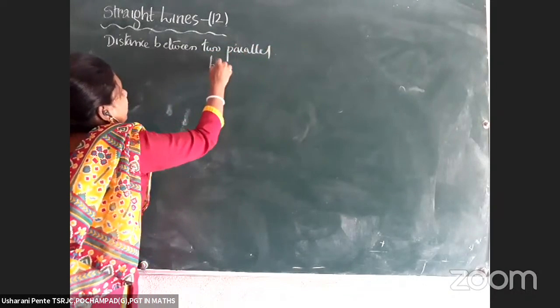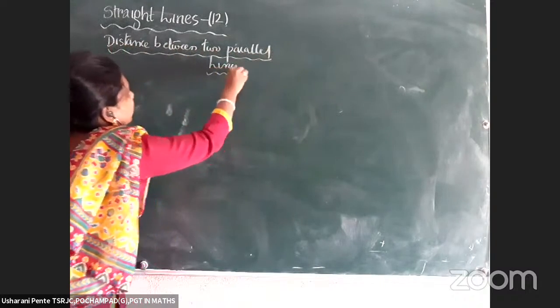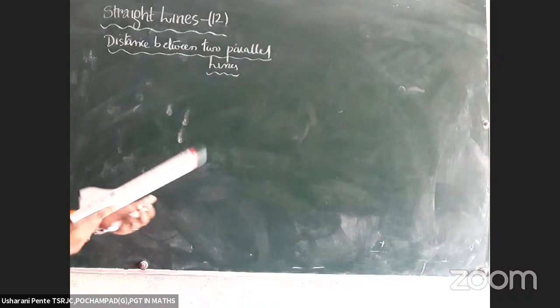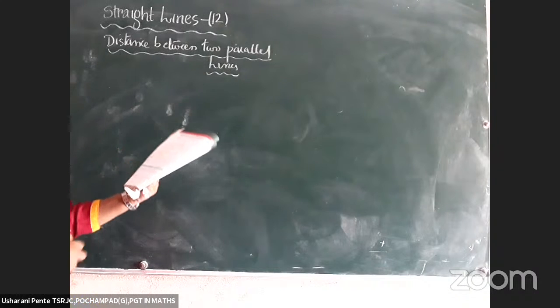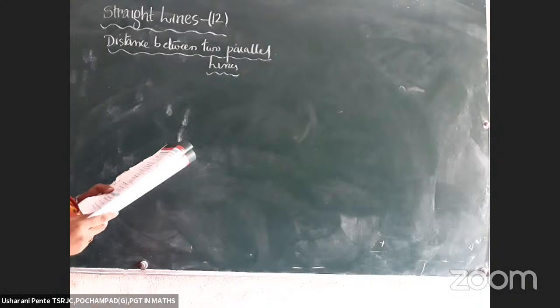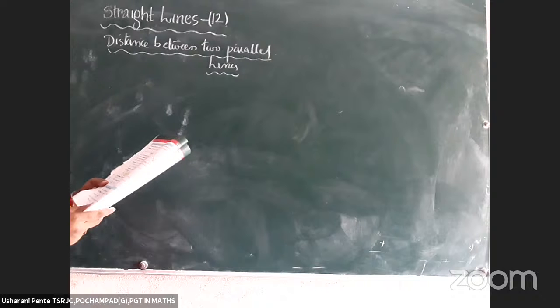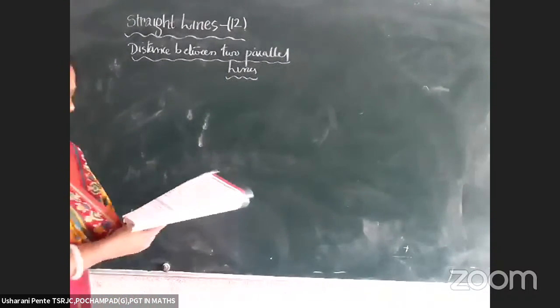The distance between the parallel straight lines Ax + By + C1 = 0 and Ax + By + C2 = 0 is mod of C1 minus C2 by under root of A square plus B square.